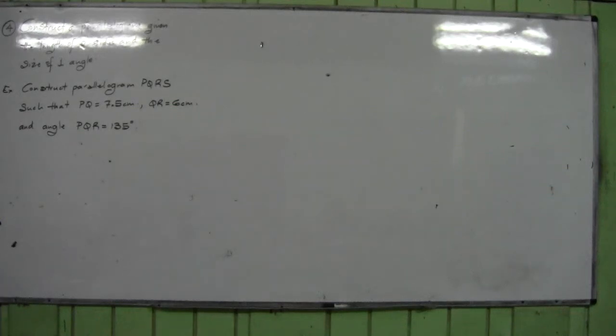Alright guys, last construction. We're going to construct a parallelogram given the length of two sides and the size of one angle. Let's discuss what we're going to do. It's parallelogram PQRS such that PQ is 7.5 centimeters.